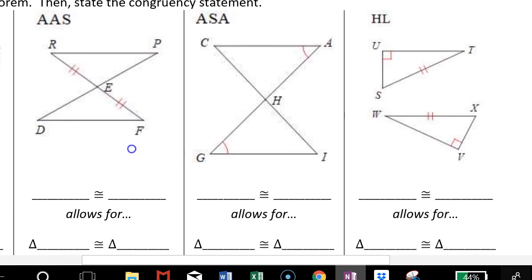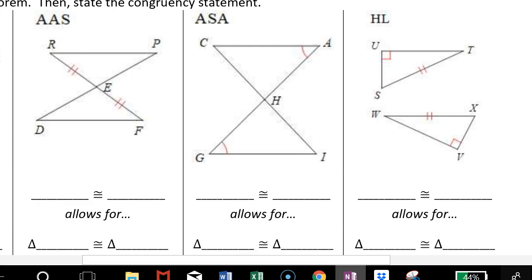Moving over to this example for angle side angle. I'm technically given in the diagram that this is congruent to this by vertical angles. And we're also given that this angle A is congruent to this angle G. So I'm given two angles, I now need to set up a side that falls between them.